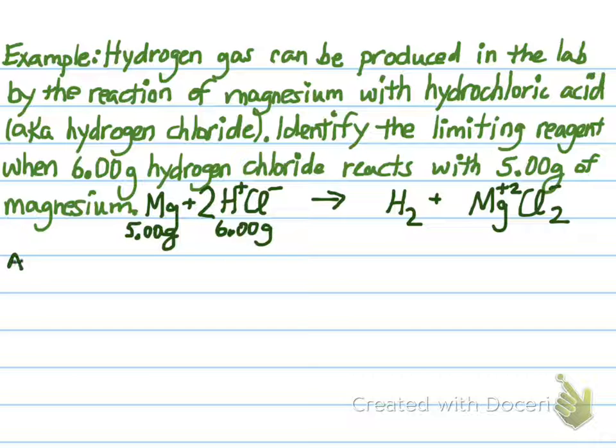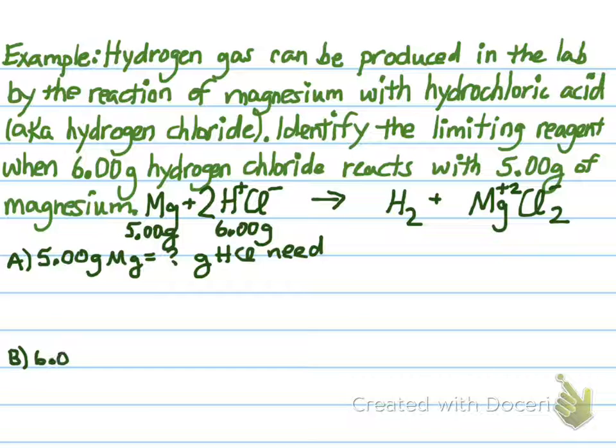Option A, I can take the 5 grams of magnesium and figure out how many grams this time of hydrogen chloride I need. Why grams? Because the amounts are given in grams both times. Right? Option B is I can take the 6 grams of hydrogen chloride and figure out how many grams of magnesium I need and do that comparison.